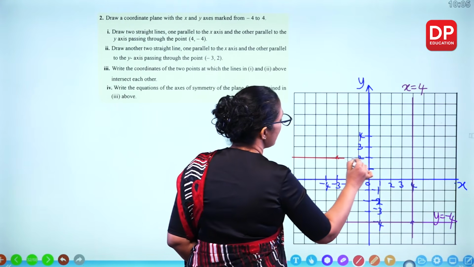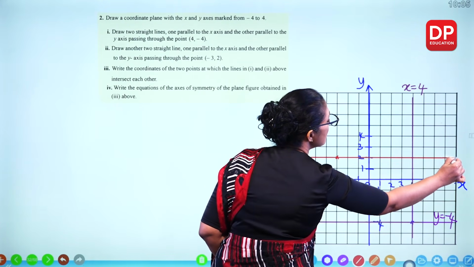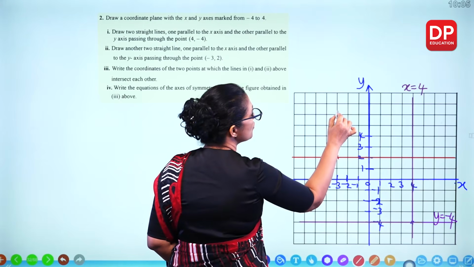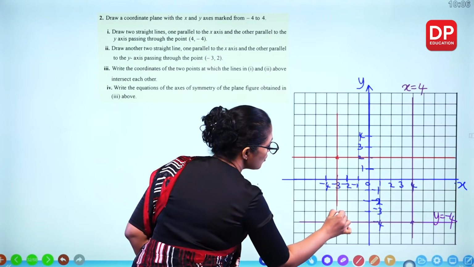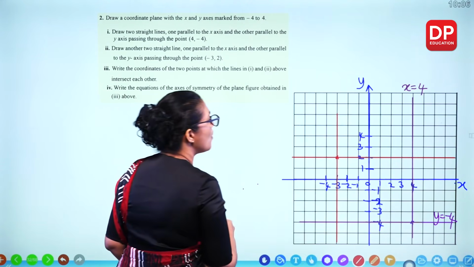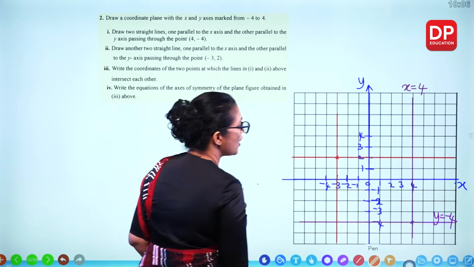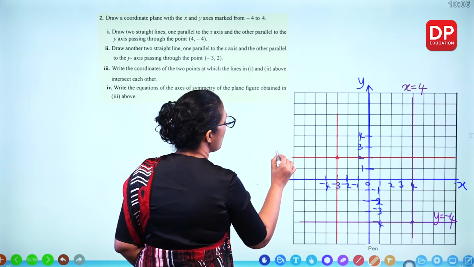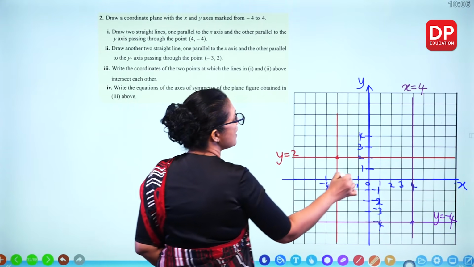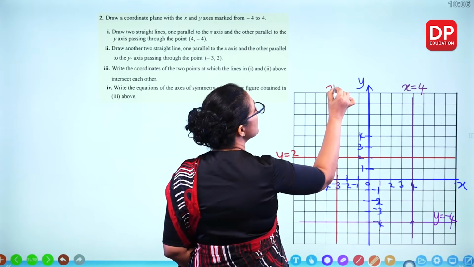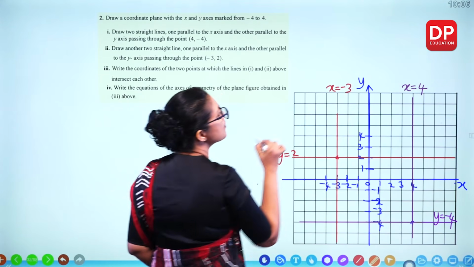Parallel to x-axis is this one, passes through this point, and parallel to y-axis is this one. So if you want the equation, what can you write? This is y equals 2 line and here x equals minus 3 line.